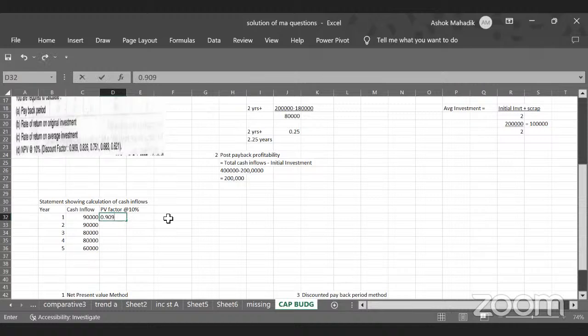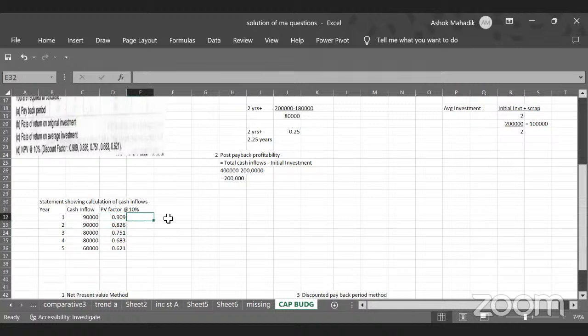Mostly it will be given: 0.826, 0.751, 0.683, 0.621. So the discounting factor is given to you.